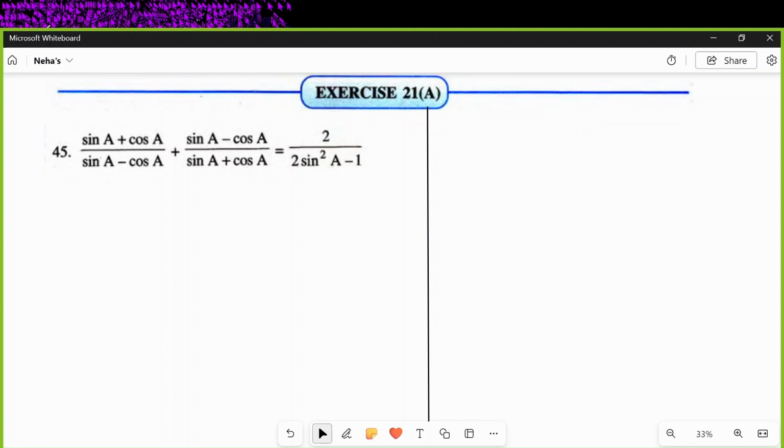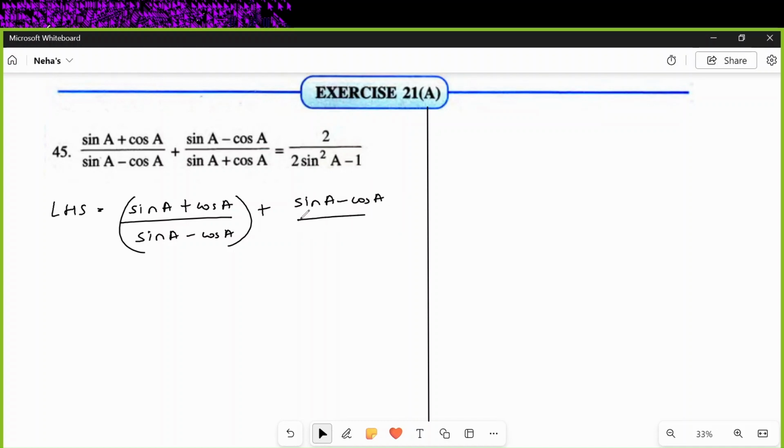The left hand side of question number 45 is sin a plus cos a divided by sin a minus cos a plus sin a minus cos a divided by sin a plus cos a. Now we will find the LCM here.